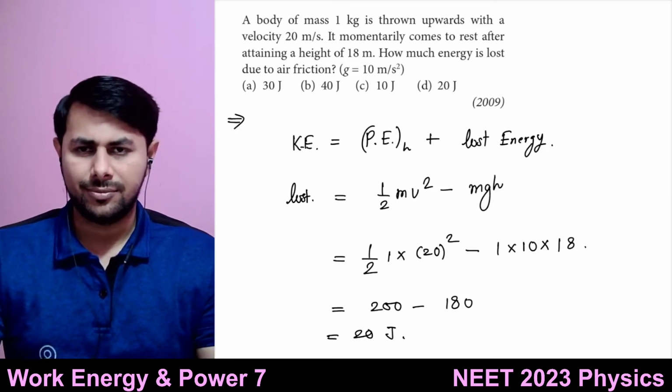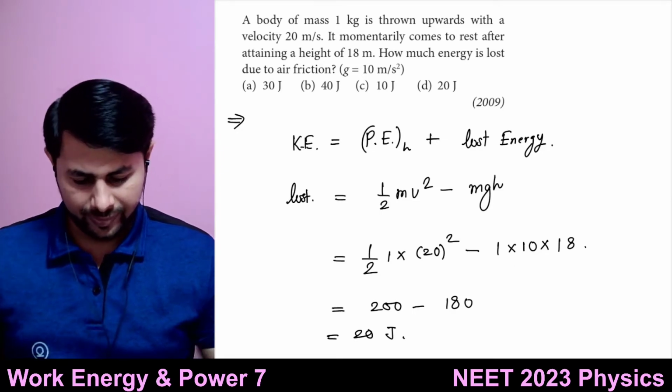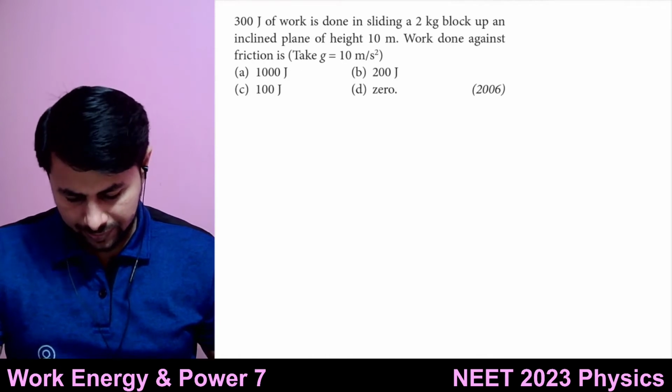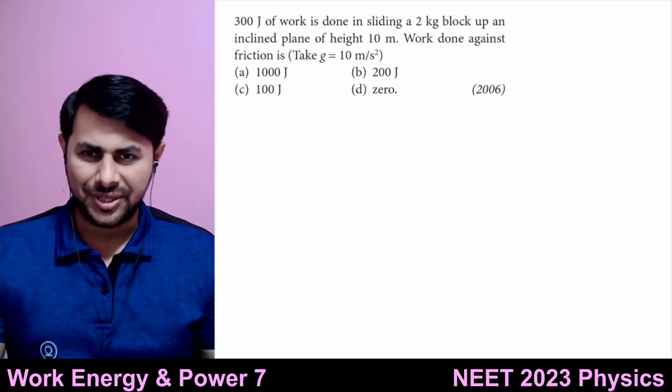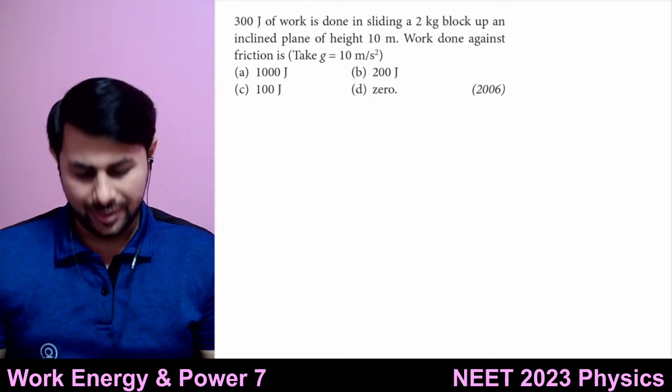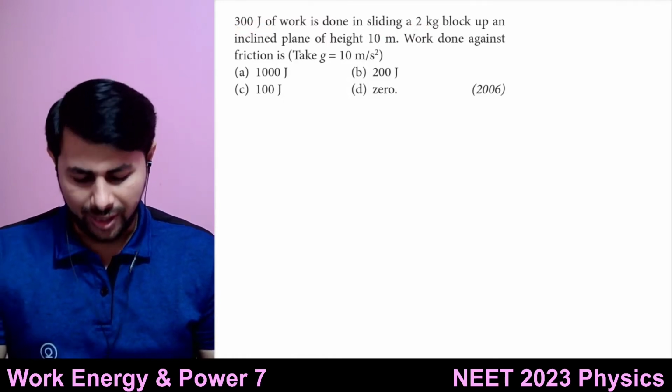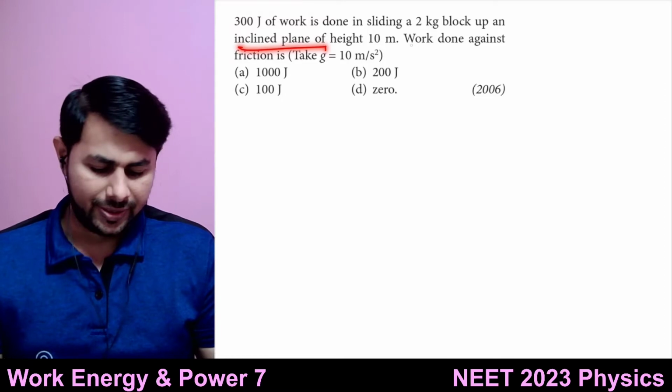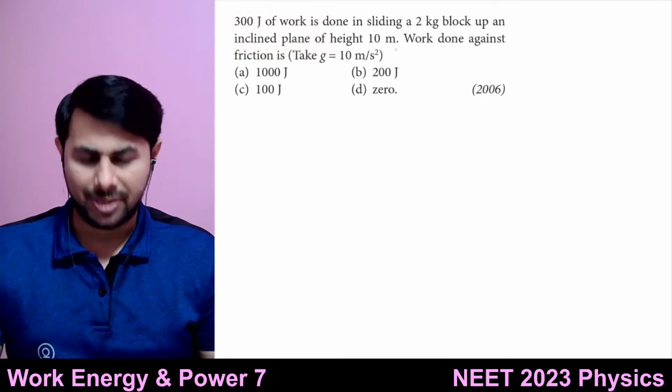Option D. Okay, so let's see the next question, and you will tell me the answer of this. 300 joule of work is done in sliding a 2 kg block up an inclined plane of height 10 meters.